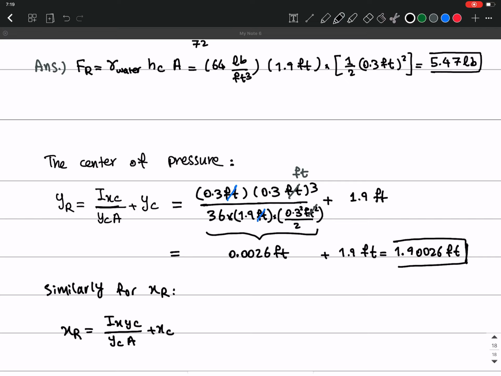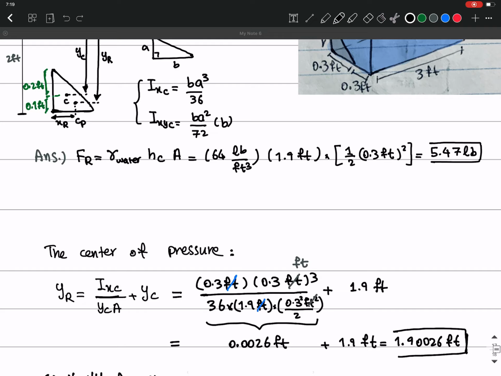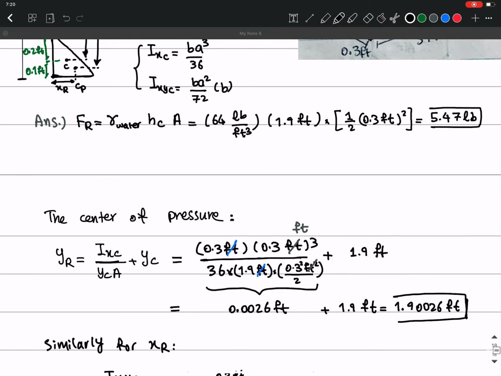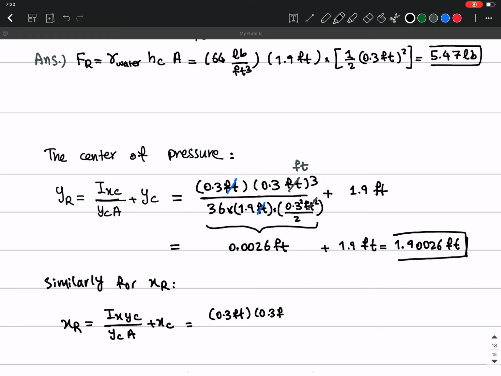Okay, so IXYC is given here, BA squared over 72 times B. So it's going to be 0.3 foot times 0.3 foot squared over 72. Let me first calculate IXYC, and then we are going to calculate that.